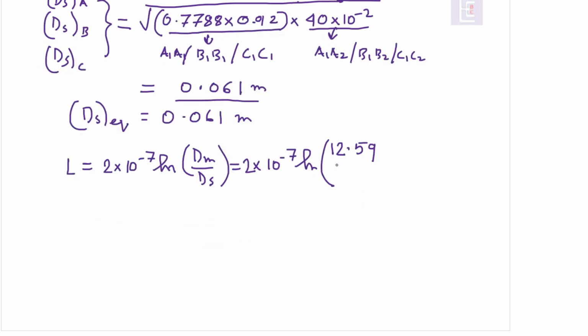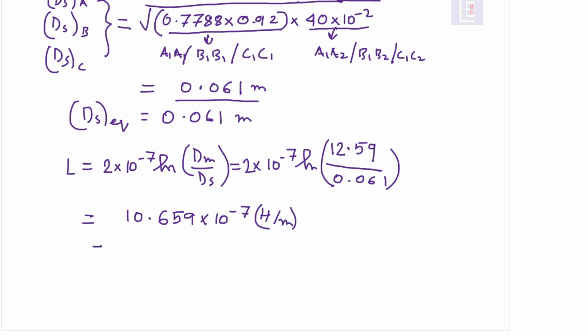What is Ds? It is actually 0.061. So if you evaluate this, you will get 10.659 Henry per meter. Of course, with the 10 to the power minus 7 that I had forgotten. So 10.659 into 10 to the power minus 7 Henry per meter.